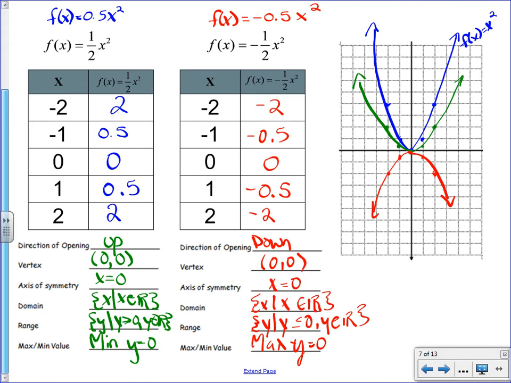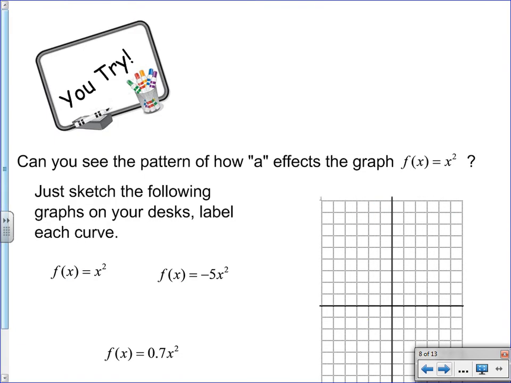For parabolas, it's easy because your domain is always an element of the reals. Parabolas will always be an element of the reals because it's continuous and it's constantly moving to the left and right. It will cover every x value. It will just take forever to get there.